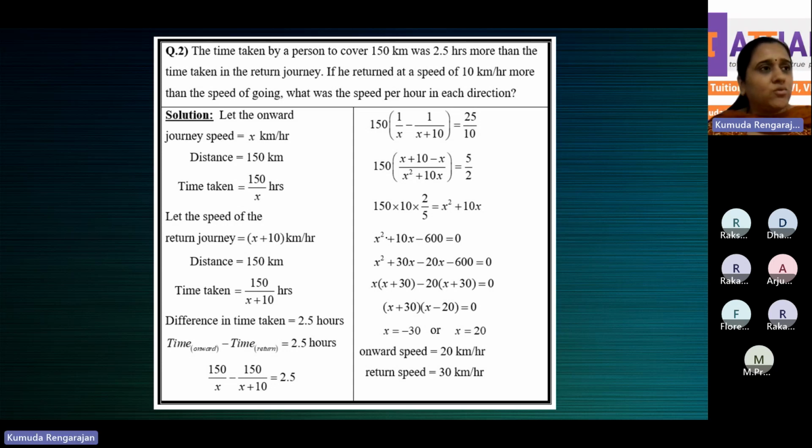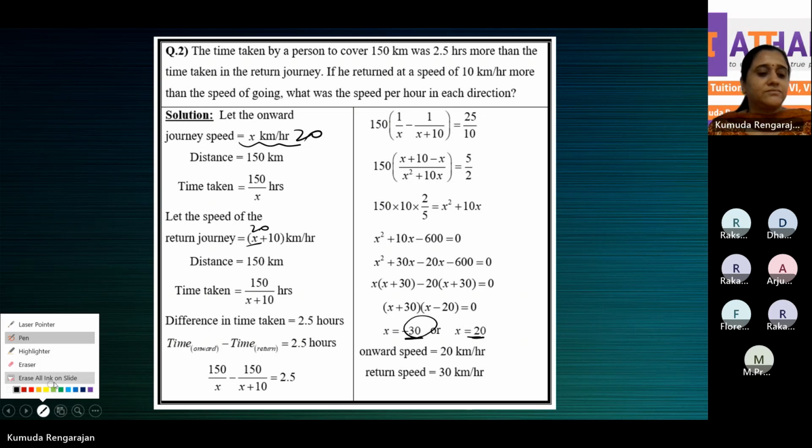And here also you can use the quadratic formula. But if you can find the numbers to split the middle term, you can split the middle term, or you can use the quadratic formula. And you get minus 30, 20. Minus 30 is not possible because speed cannot be negative. So 20. So onward journey 20 and return journey is 20 plus 10, 30 kilometers per hour.